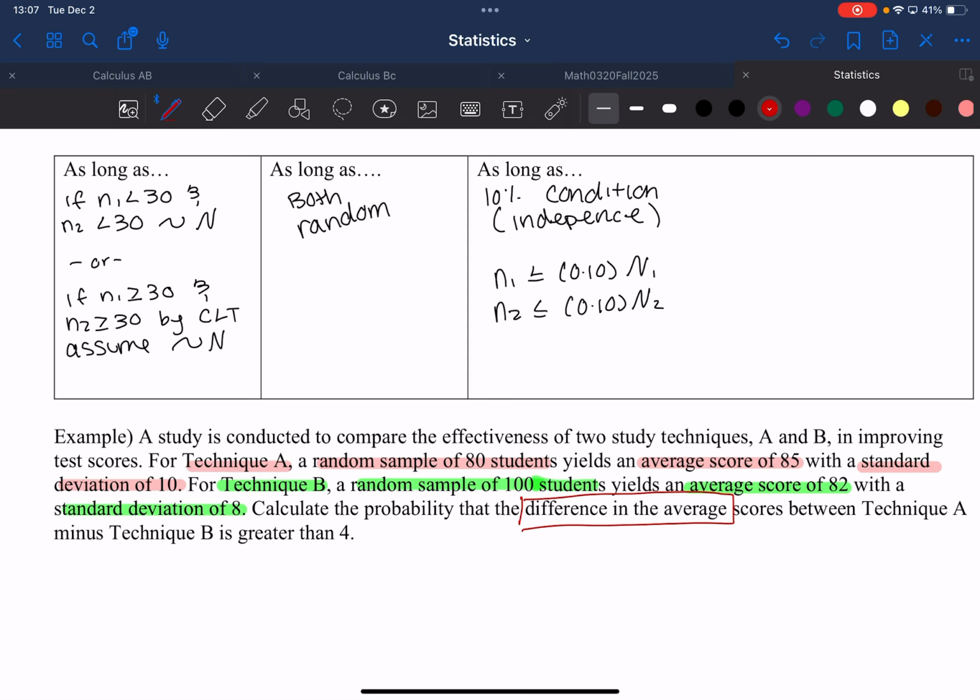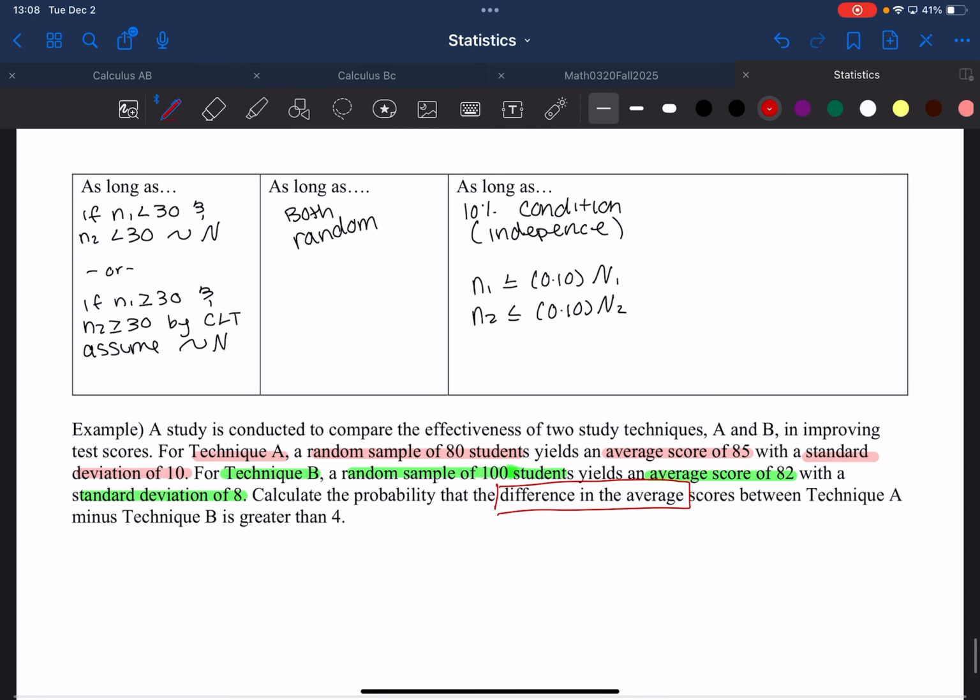If we did not see the word difference, then we would just be doing a sampling distribution of sample mean. If we did not see the word average, then we know we're talking about a difference in proportions. They have to say average or mean in order to be a sample mean. Between technique A minus technique B, so this is what we're trying to find, is greater than 4.